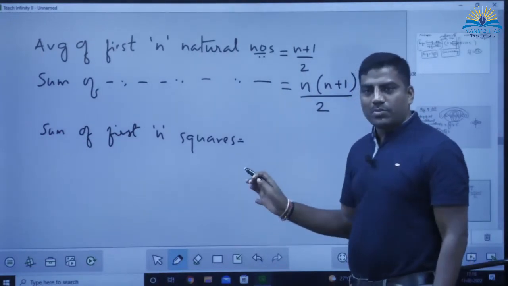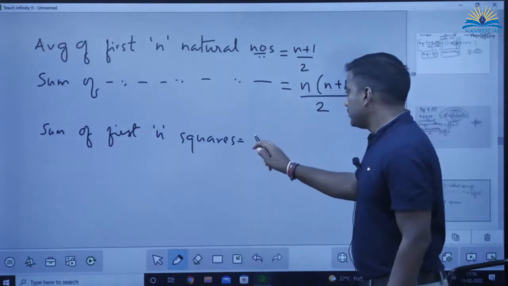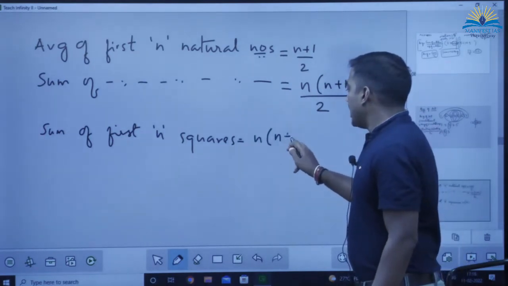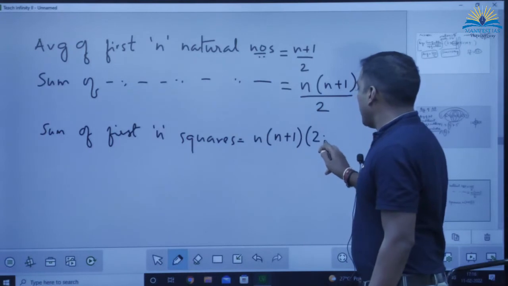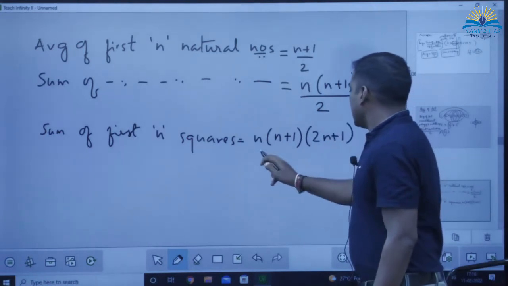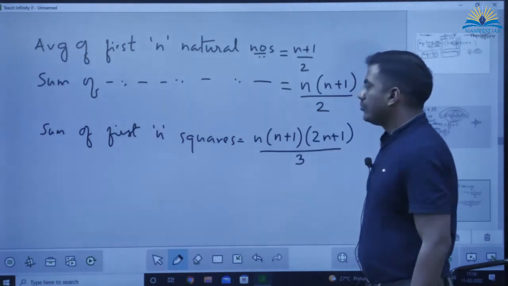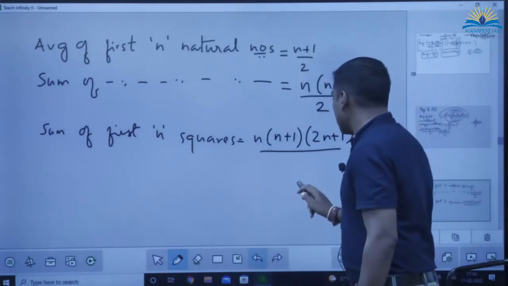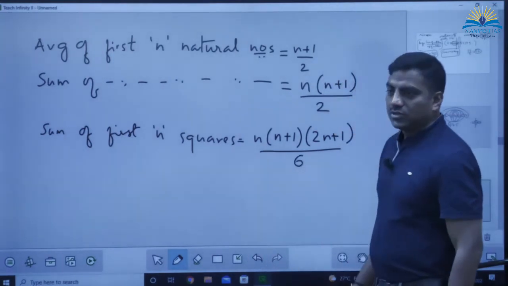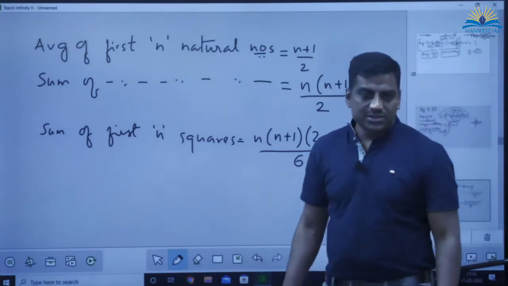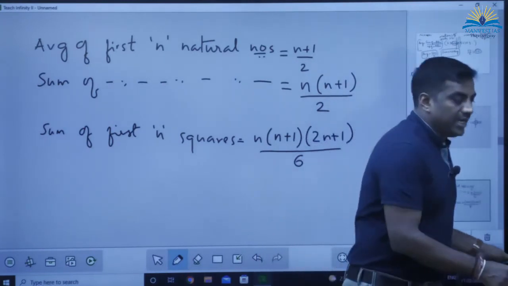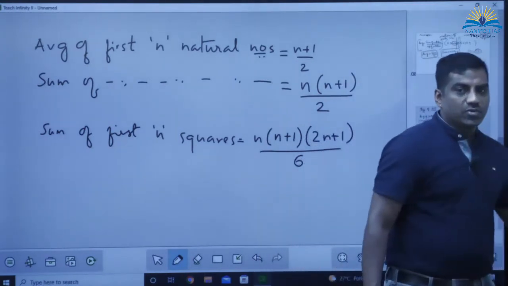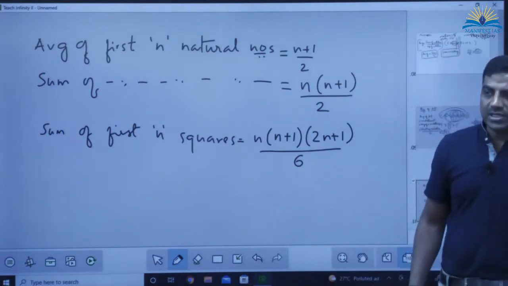Even if you don't want to remember, I don't have a problem. N into n plus 1 into 2n plus 1 divided by 6. So this is the formula for the sum of the first n squares.